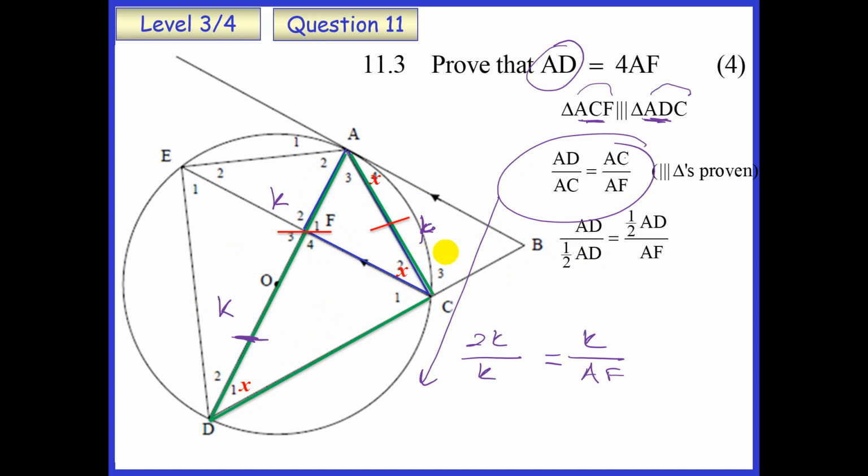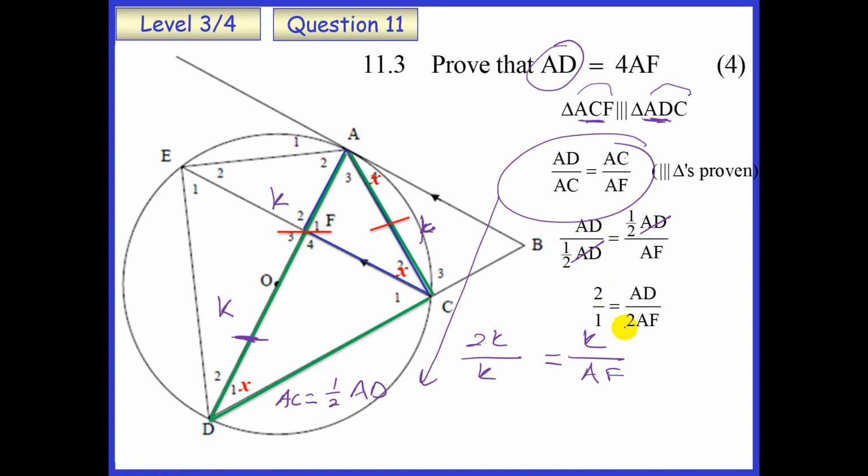A very important statement I'm making here, if you're not catching it, is that AC is equal to half AD. If we do it this way, the ADs cancel off.